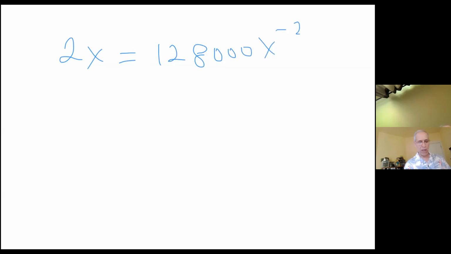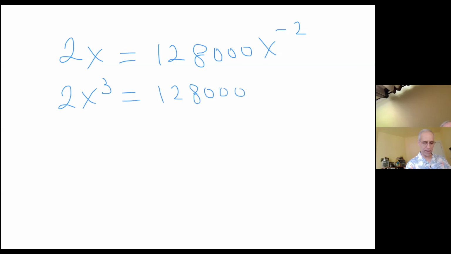Going to the next page, this gives me 2x equals 128,000 x to the negative 2. Multiplying both sides by x squared gives me 2x cubed equals 128,000.